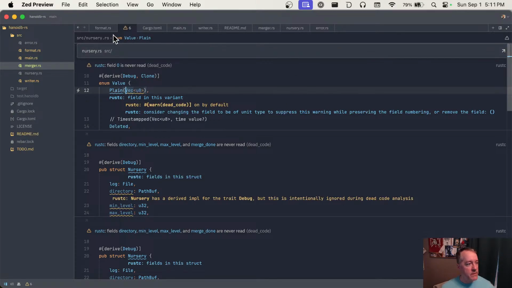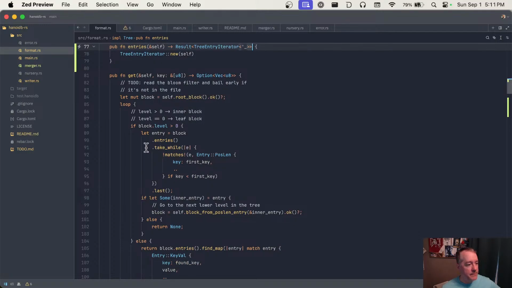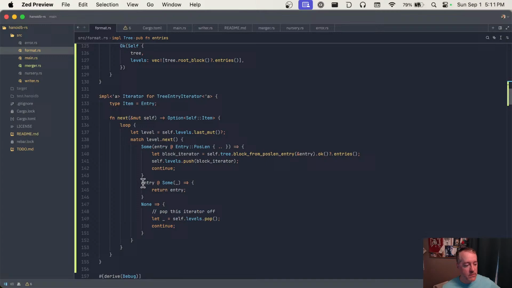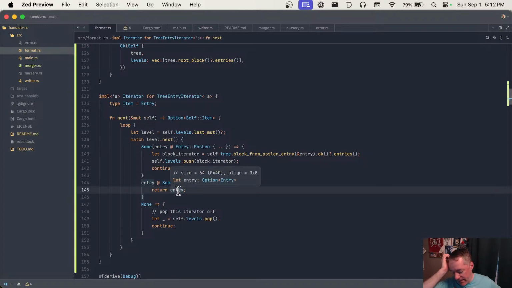So one of the consequences of this is that when we iterate over a tree, we're going to iterate over tombstones. And I think that this, correct me if I'm wrong, Greg Creston, but it is necessary to keep those around, unless you are merging in the max level.